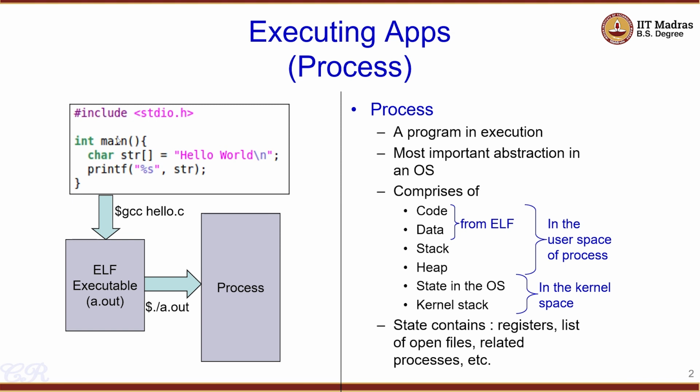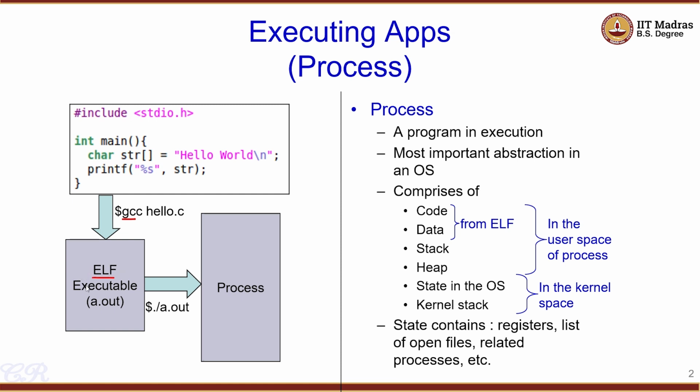We've seen this small C program which essentially prints hello world on the screen. We compile this using a compiler, gcc hello.c, to get an executable, which is a.out. This executable is an ELF executable.